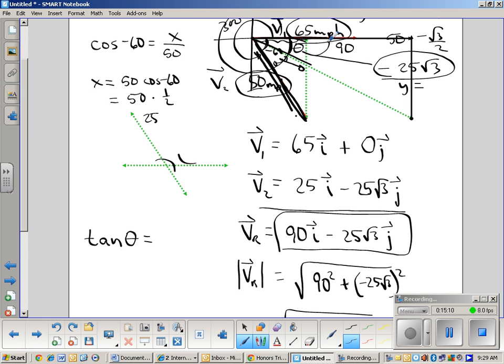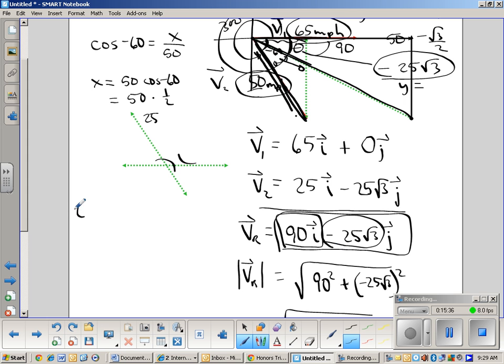Okay? Where do you get 90 from? Well, 90 is right here. That's the X component of my resultant vector. And the negative 25 square root of 3 is the Y component of my vector.